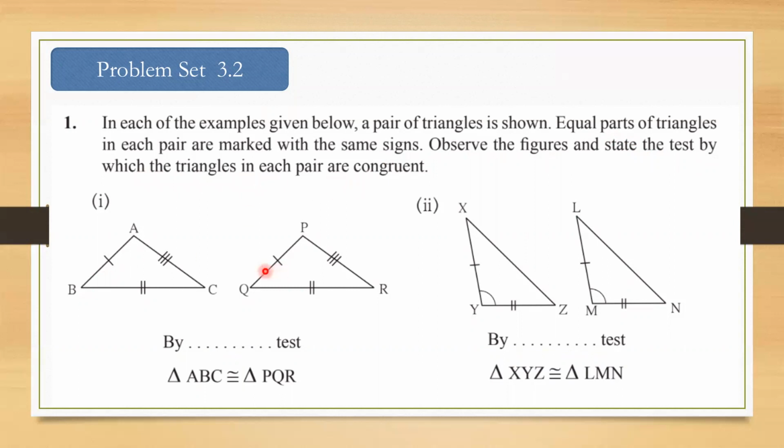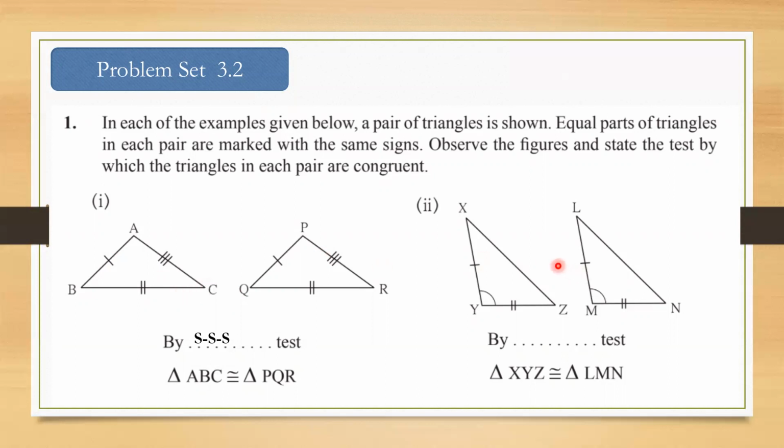Even if you observe these two figures, you are going to easily find out which test it is. Here side AB has the same symbol as side PQ, side BC has the same symbol as side QR, and side AC has the same symbol as side PR, and all three sides are given. So these two triangles are congruent by which test? Definitely the SSS test, because three sides are given. So it is congruent by the side test.